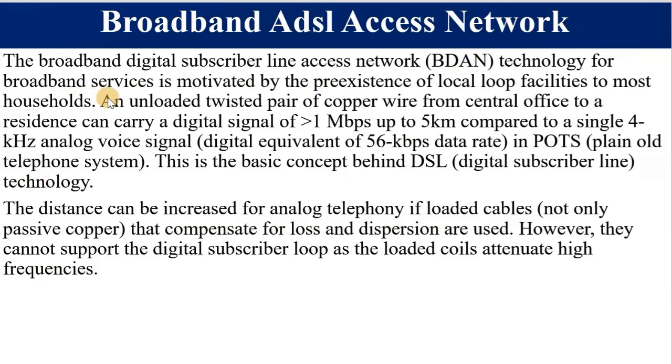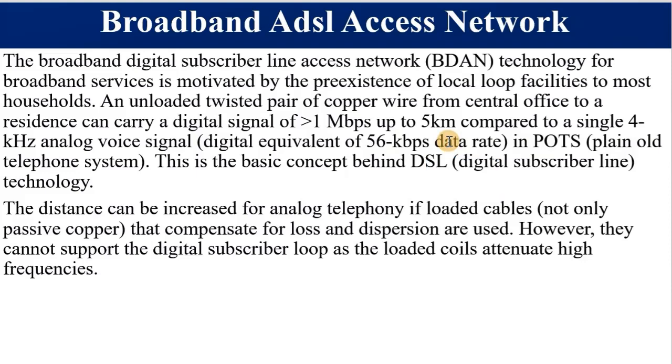So an unloaded twisted pair of copper wire from the exchange to a customer's premises can carry a digital signal that is higher than 1 megabit per second up to 5 kilometers, when compared to a 4 kilohertz analog voice signal, which can carry a line at 56 kilobits per second.